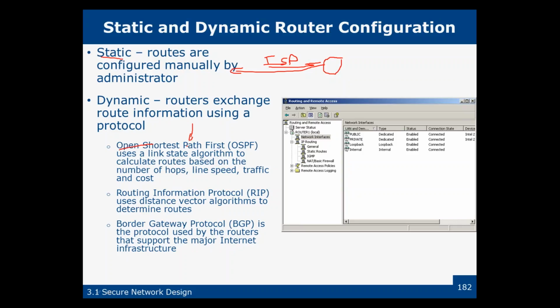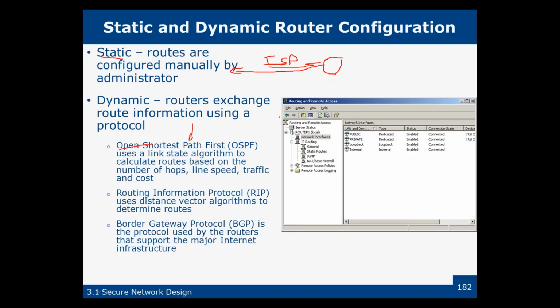BGP, Border Gateway Protocol, is what the internet runs on. It's a WAN, a wide area network protocol. It's similar to RIP, but it doesn't get all the information nearly as quickly, because you can imagine how many routers go up and down on the internet on a given day.